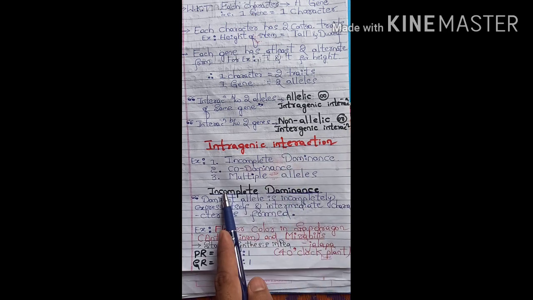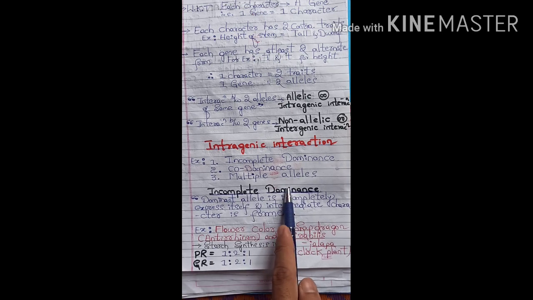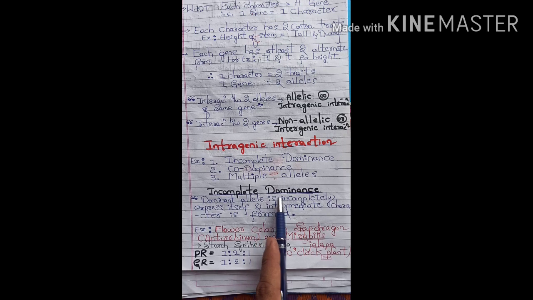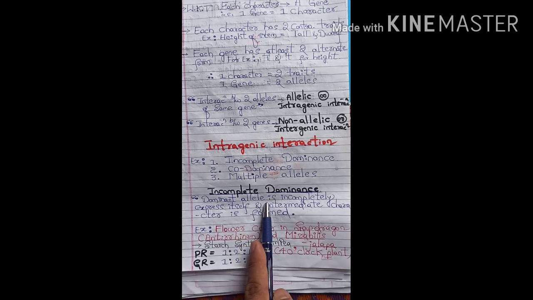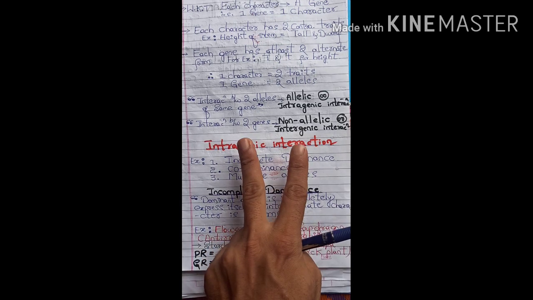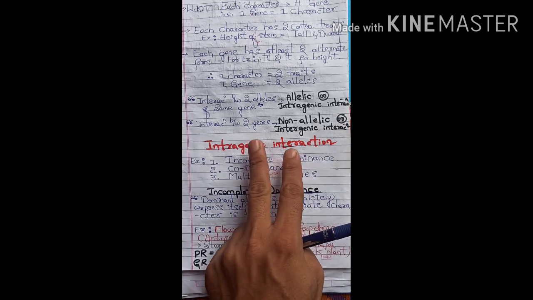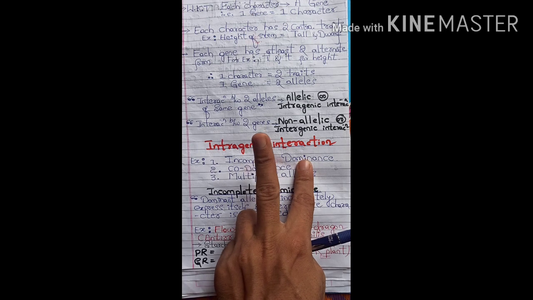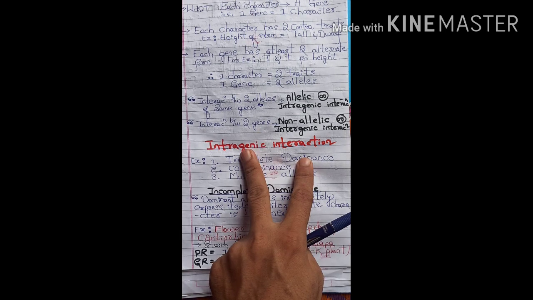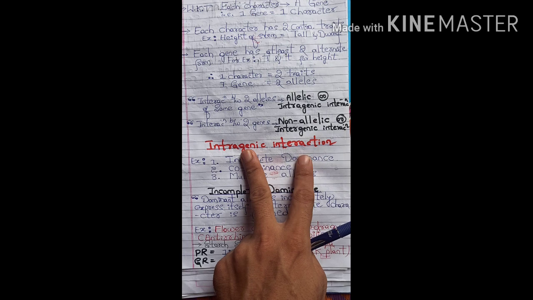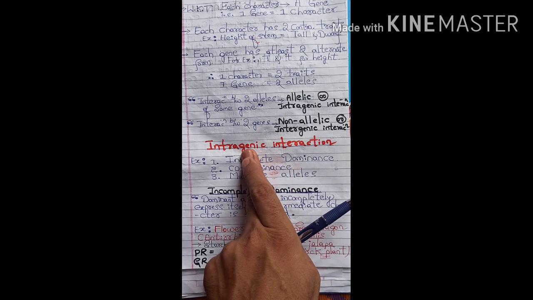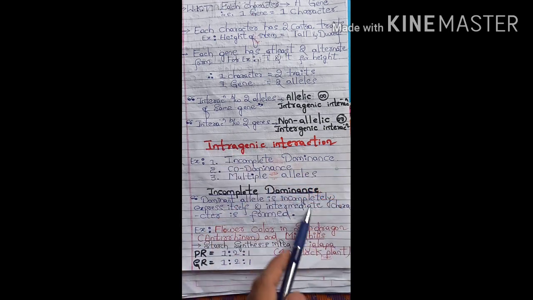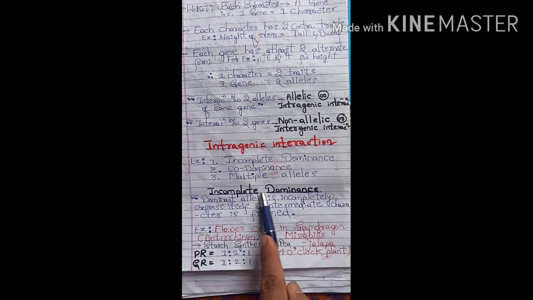What is the meaning of incomplete dominance? It is a phenomenon where a dominant allele incompletely expresses itself. You know that when the two alleles are there, according to Mendel, in a heterozygous condition, one allele is dominant and another allele is recessive. So when a dominant allele incompletely dominates and is unable to express completely, this is referred to as incomplete dominance.